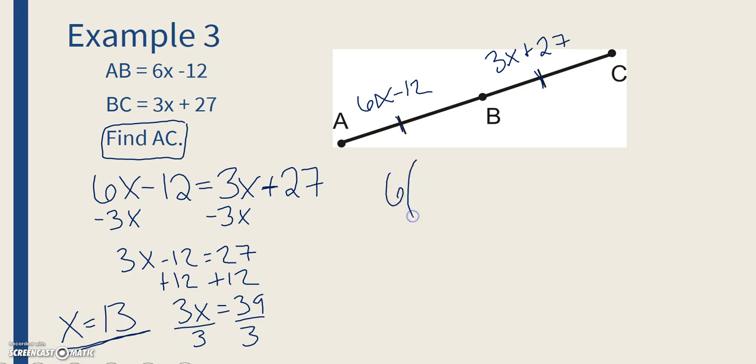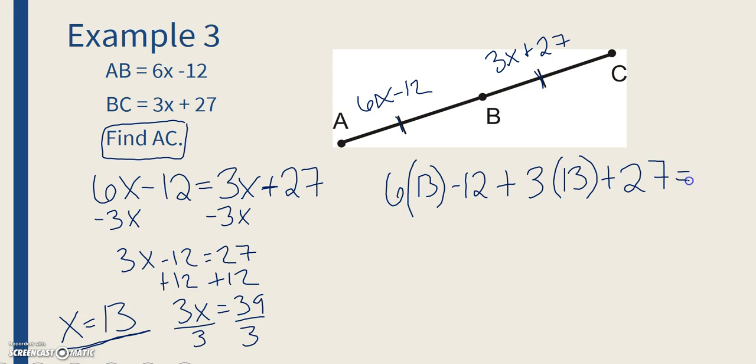So we have 6 times 13 minus 12 plus 3 times 13 plus 27. Alright? So I'm just substituting 13 back into my x values into both expressions so I can get this whole length AC, because that's the question that they're asking us to find.